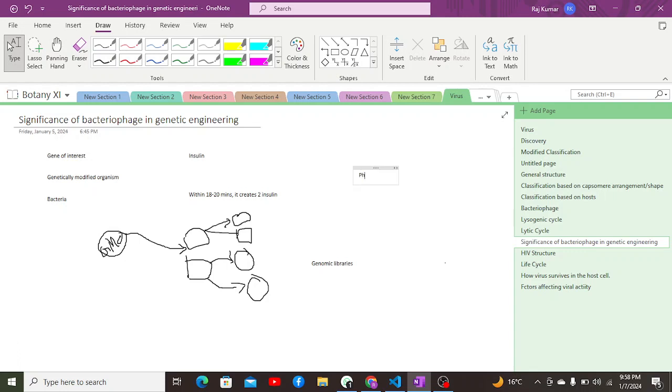Moreover, there is another application which is known as phage therapy. Phage therapy is a therapy in which we directly utilize bacteriophage as a sort of medicine, because bacteriophages are very specific in their nature.